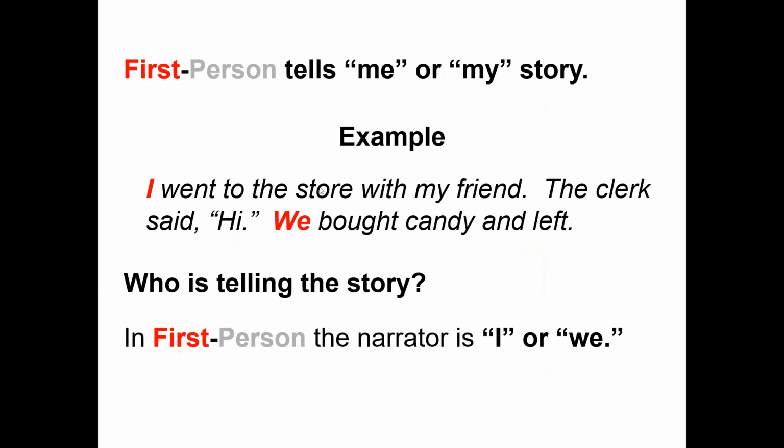Example: I went to the store with my friends. The clerk said hi. We bought candy and left. Who is telling the story? In first person, the narrator is I or we. Very good. So I or we are telling the story, all right? Good. So first person is when we use I or we in telling the story. Very good. Thank you, Gilbriana.